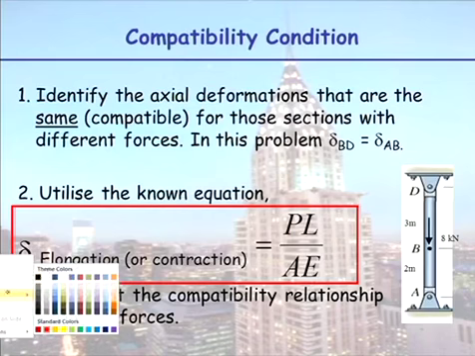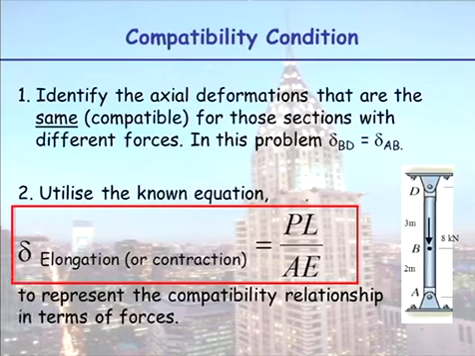And because we're talking axially loaded systems, we know the movements we're talking about are in terms of PL on AE. So people think this here is the compatibility equation. It's not. The compatibility relationship is the relationship between two unknowns, and instead of delta stretching or squashing, we're using the known equation, PL on AE.